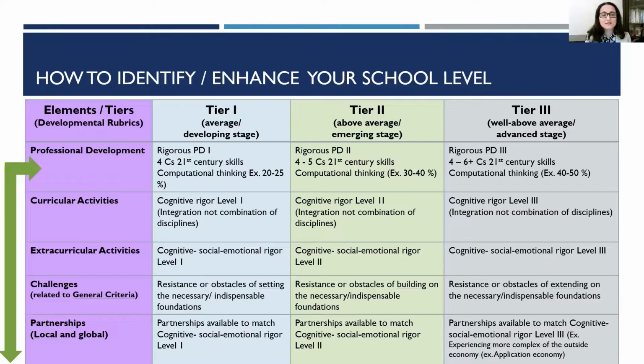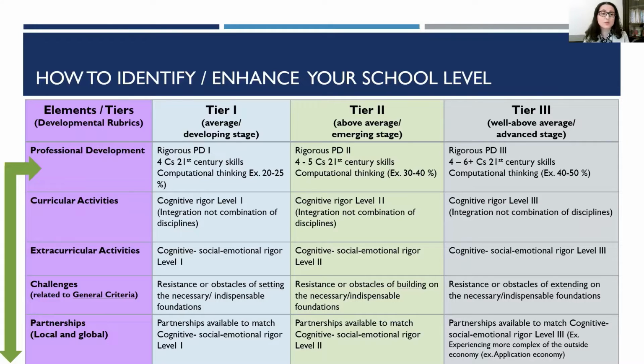So if we consider, for example, the first row with professional development, in tier 1 or the average developing stage, we have rigorous PD 1, and we will be talking about this more in this presentation and in the coming presentations. Rigorous professional development.